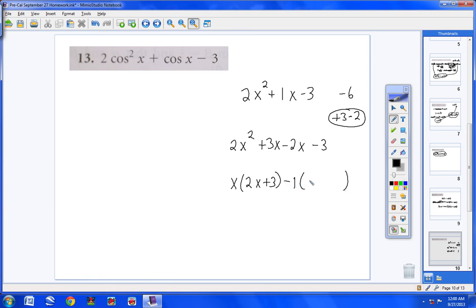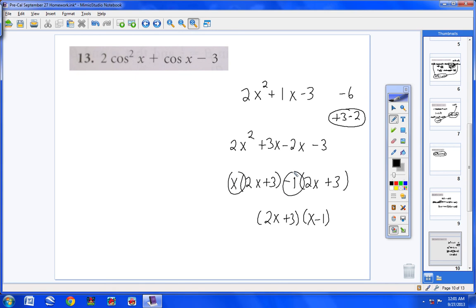A negative times a positive 2x is a negative 2x, and a negative times a positive 3 would give me a negative 3. So negative times 2x, negative 2x, negative times 3, negative 3. And now you have your matching parentheses, 2x plus 3, and then your other parentheses would be x minus 1 from here and here.